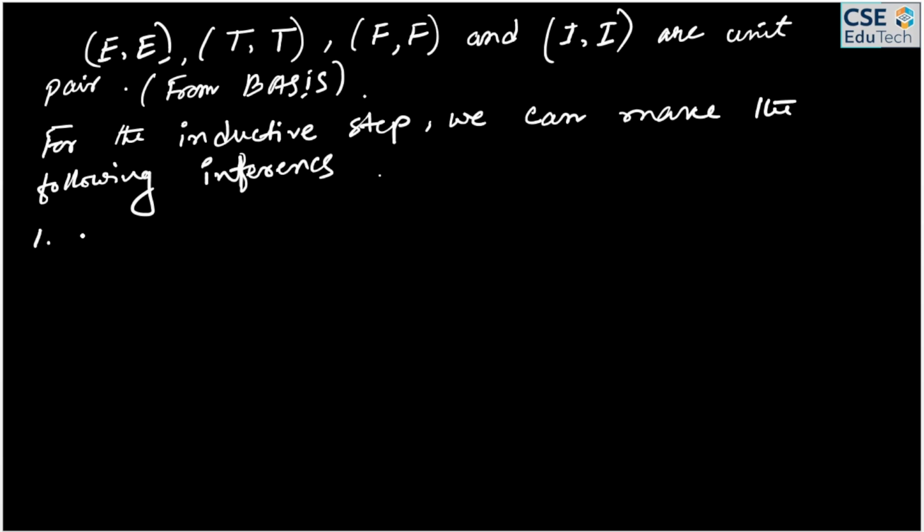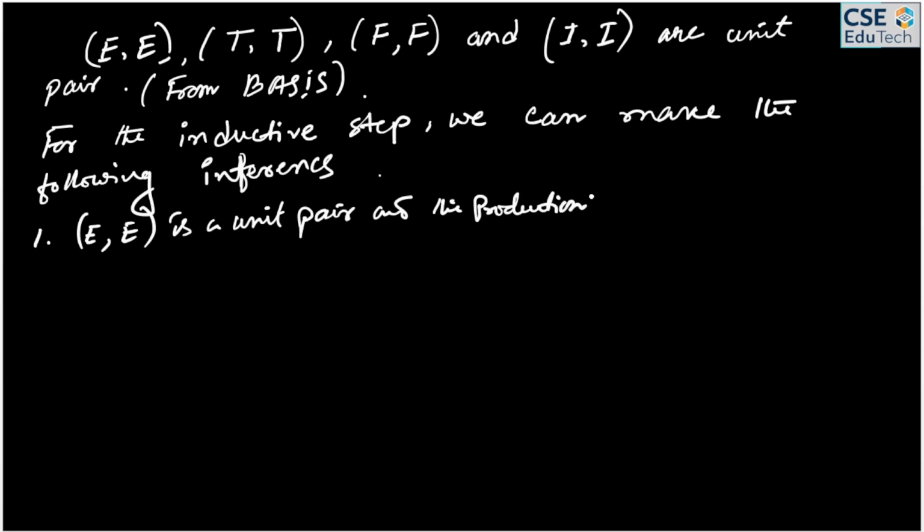Number one, (E, E) is a unit pair, and the production E to T gives what? It will give (E, T) as a unit pair.